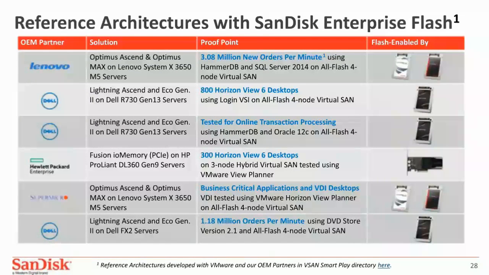We also worked with Supermicro, using our high capacity Optimus Max product to run business critical apps and VDI desktops, and I'll share that configuration with you in a moment. And finally, Dell also used our Lightning drives on their FX2 dense servers to run an OLTP workload using the DVD Store application, and they reached something like 1.1 million orders per minute.